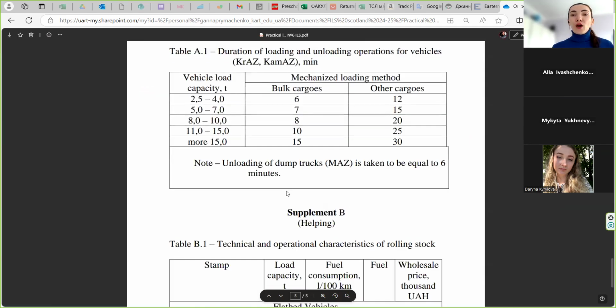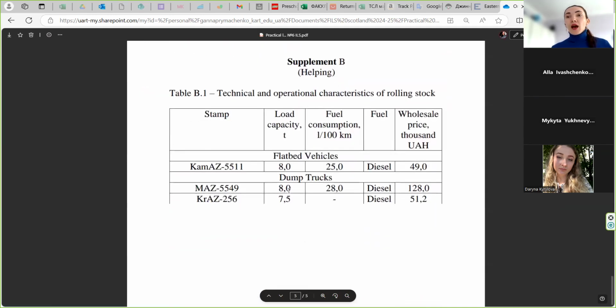And show our supplement B. We need the last column of this table B.1. It is the price of our car brand, and also remember that we need to use this price in yuan. So please multiply this parameter by 1000 also.